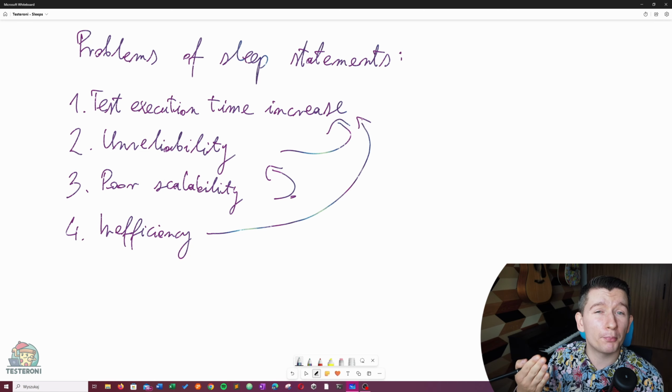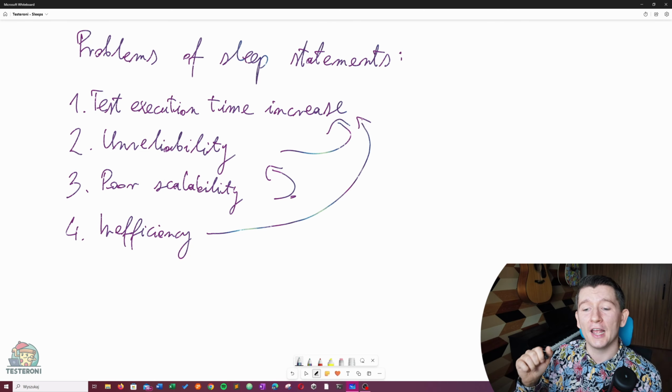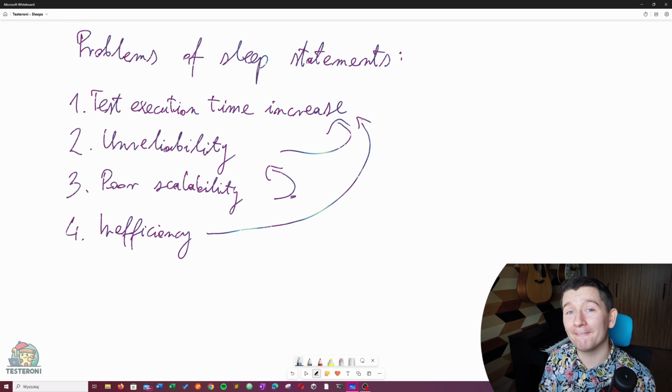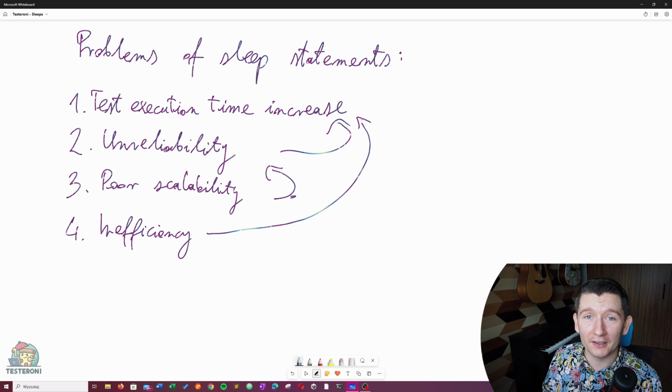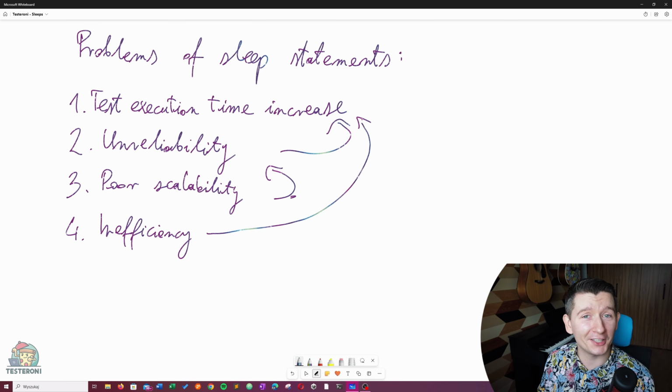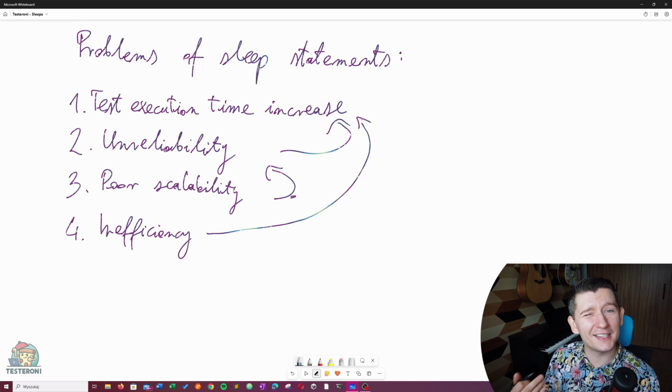Just not waiting through predetermined sleep statements, because this invokes inefficiency, and this inefficiency is going to take your resources and just hog them with no reason whatsoever, because it is not waiting for something to happen. It is just waiting for time to pass because you, the developer of that test, decided that for one reason or another, it should be like that. So you can see that it's a little of a paradox, isn't it?